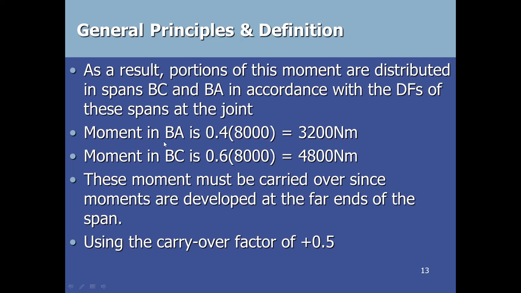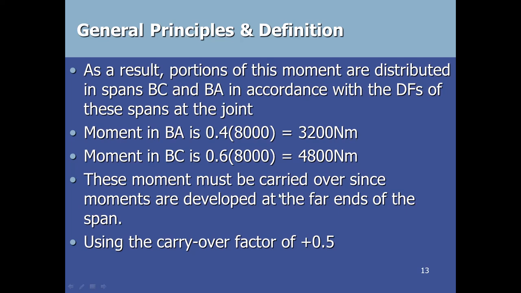So the moment which will be transferred to BA will be 0.4, which is the distribution factor of BA, multiplied by the unbalanced moment 8000. This comes out to be 3200 Newton meter, and the moment in BC is the distribution factor of BC multiplied by this unbalanced moment, which comes out to be 4800 Newton meter.